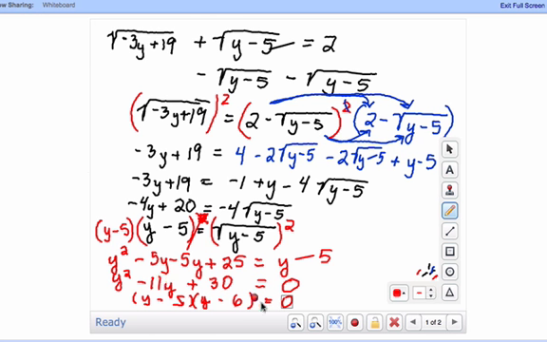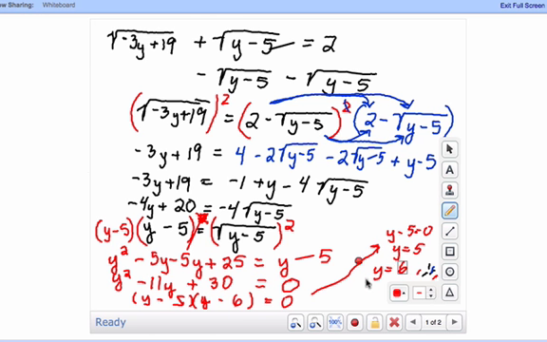Good. We'll come back to that. Okay, so then go ahead and now solve both of these for y. So y minus 5 equals 0, so you get y is 5. And then if you set y minus 6 equal to 0, you get y is 6.